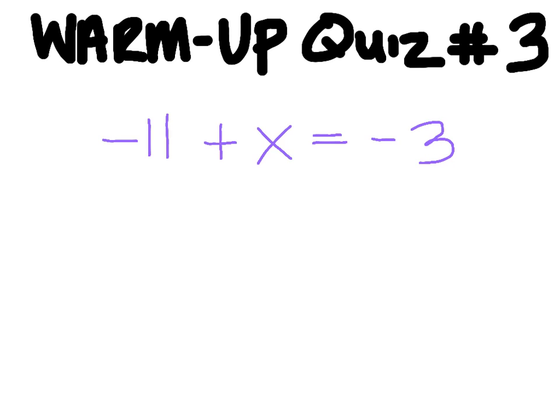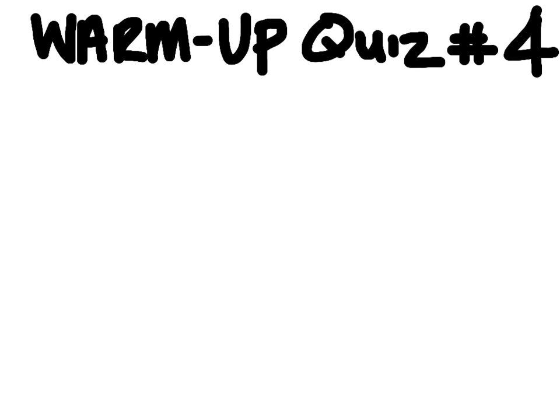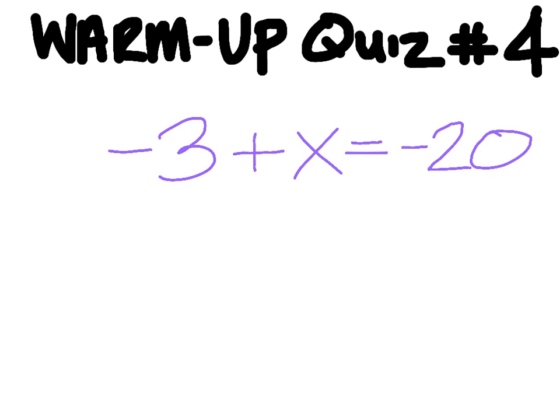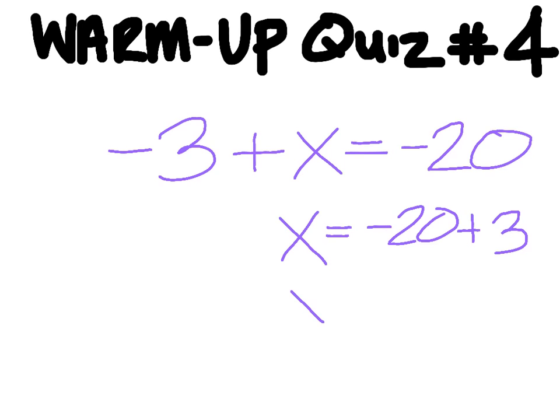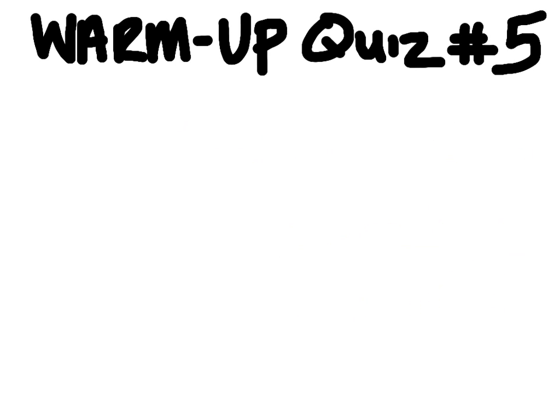The answer is 8. Next one. Number 4. Answer on this one should be a negative 20 plus 3, which is a negative 17. Last one.